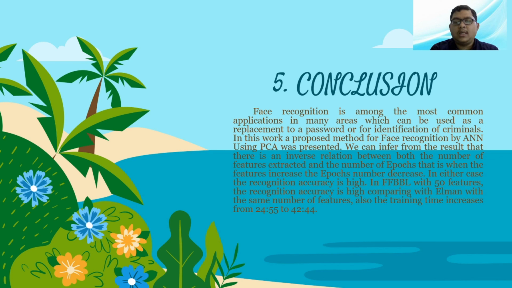That is, when the features increase, the epoch number decreases. In either case, the recognition accuracy is high. In FFBBL with 50 features, the recognition accuracy is higher compared with Elman with the same number of features. Also, the training time increased from 24:55 to 41:44.